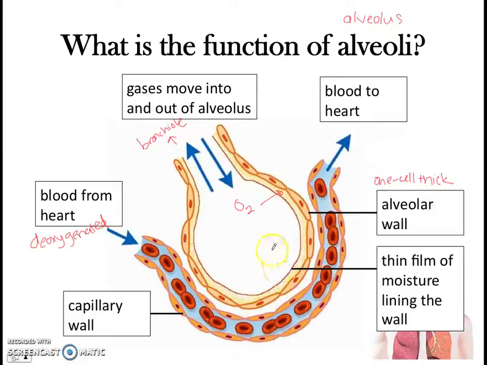There's some exchange of gases between the blood and the alveolus. Specifically, oxygen will move from the alveolus into the blood capillaries, and carbon dioxide will move out from the blood capillaries into the alveolus to be removed from the body. So after this exchange occurs, the blood will return to the heart oxygenated.